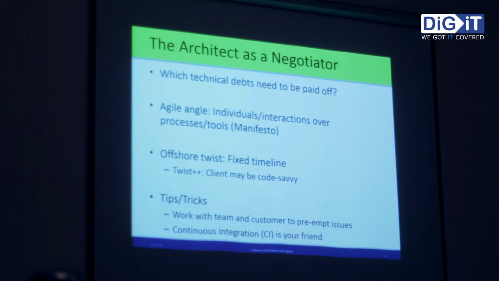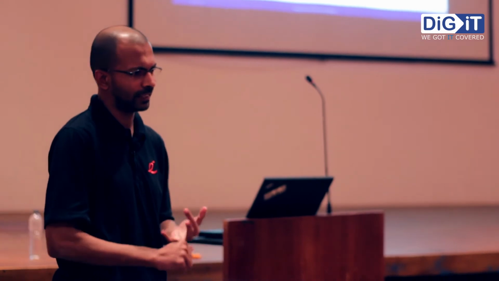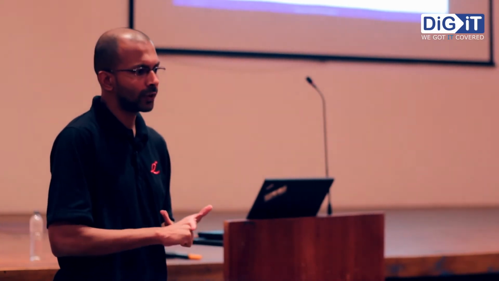Continuous integration is your best friend, however, in this situation, where if you've got tools, like, in our company, we use cruise-control.net, right? And there are tools like Jenkins, Hudson, where you can actually get your code building with every check-in. Let's take the example of code duplication again.